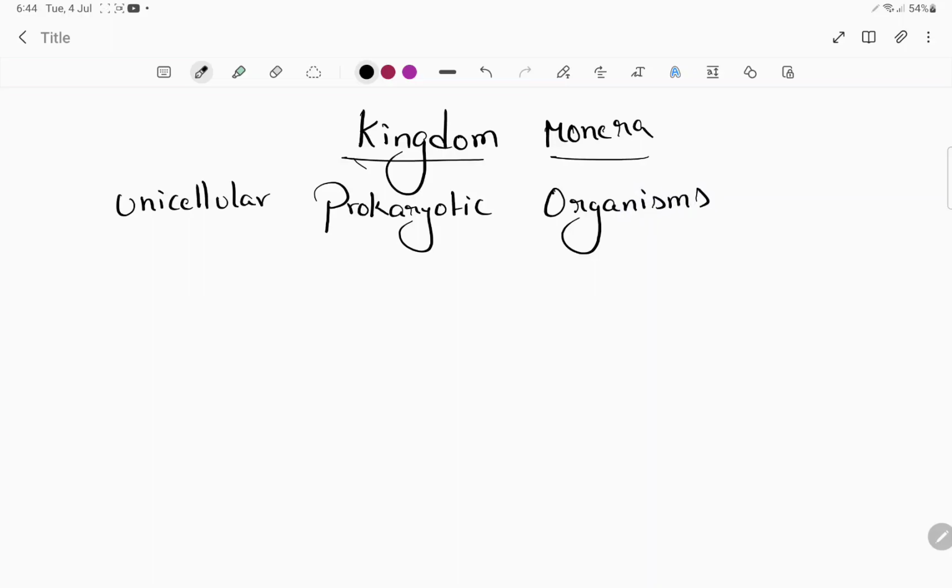So coming to the types of Kingdom Monera, we have two things. One is archaebacteria and the other one is eubacteria.